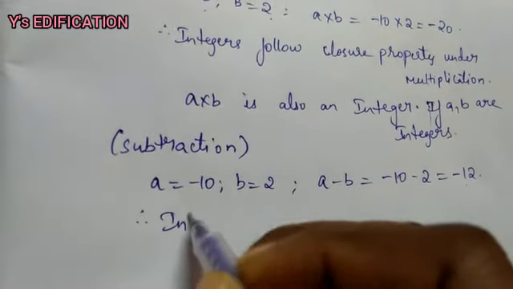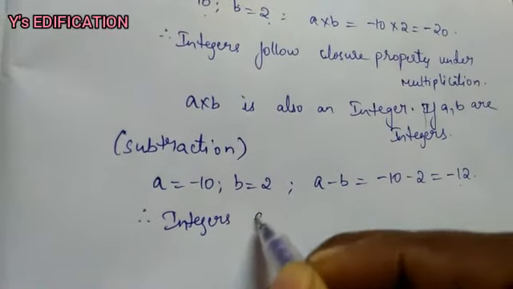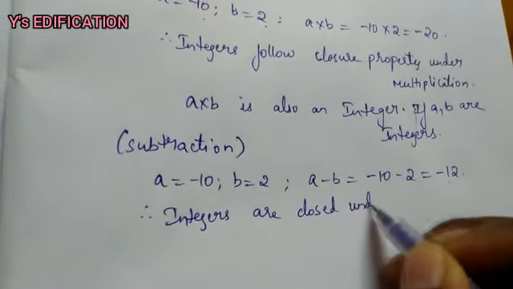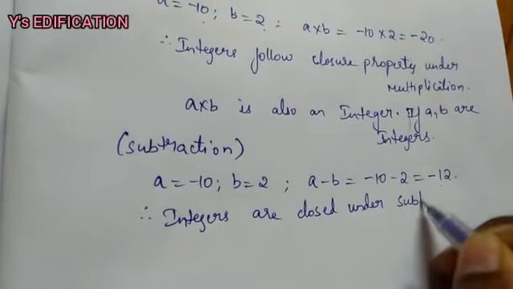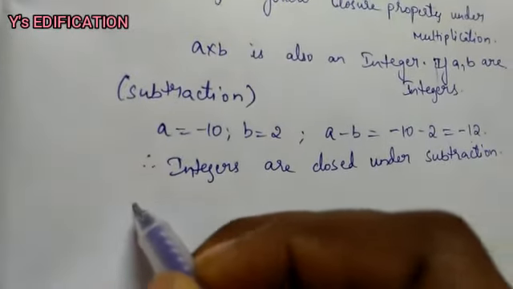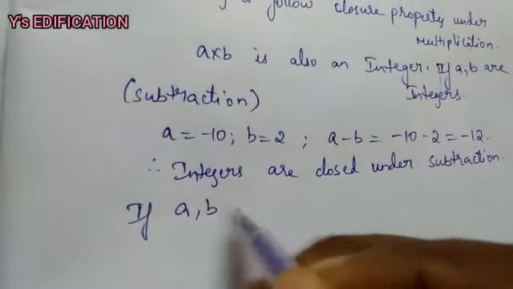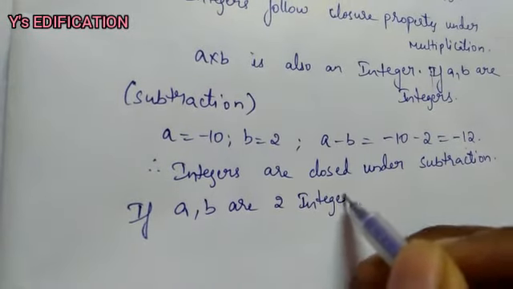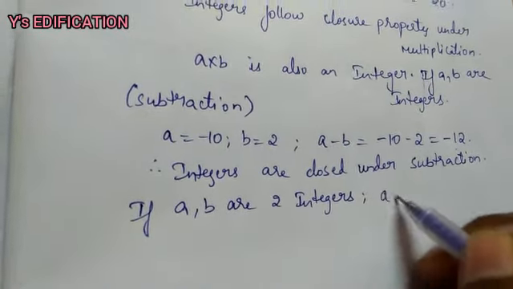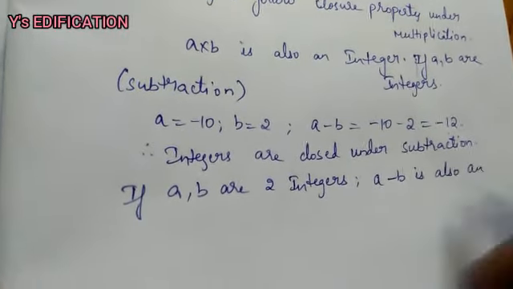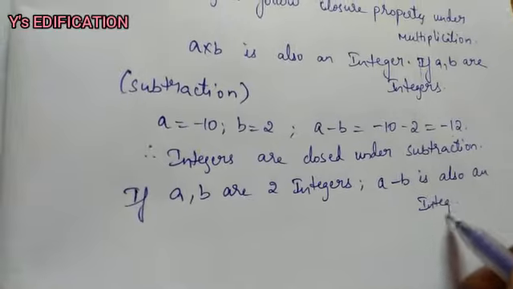So in the same way, integers are closed under subtraction, and we can say that if a, b are two integers, a minus b is also an integer.